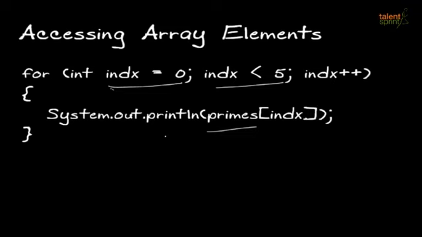Now that we have seen how to read the elements from an array, you can also modify the values in an array. Let us see how to modify the elements in an array. If I want to store the multiple value of a prime number in a particular index, then we'll write the following code.